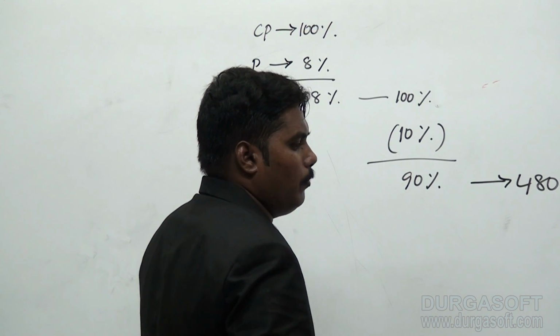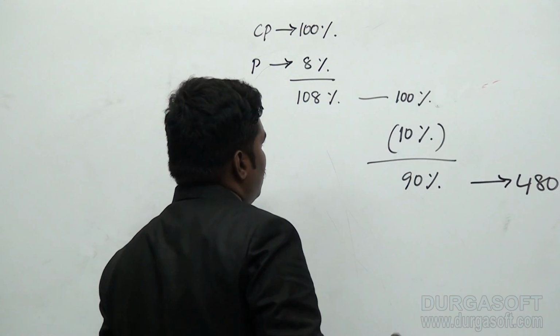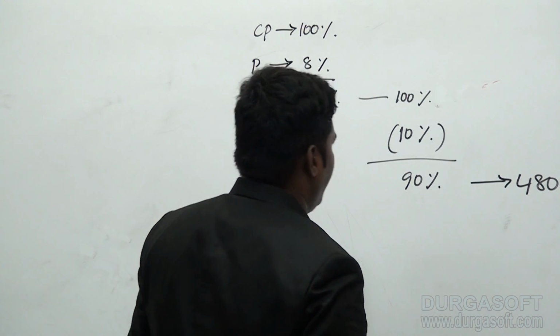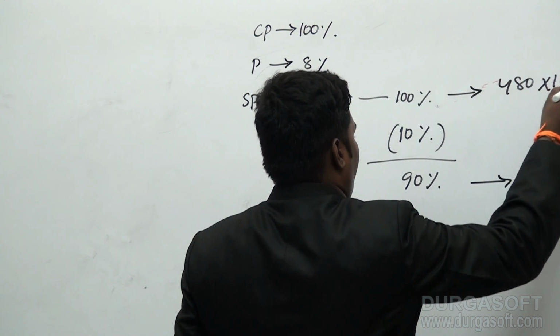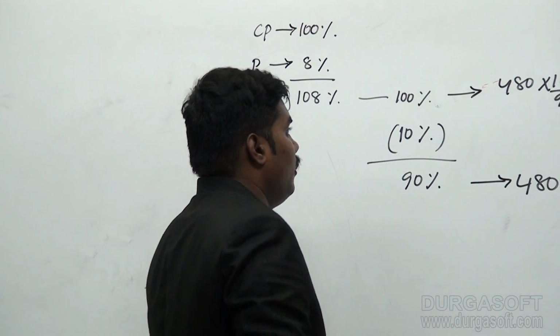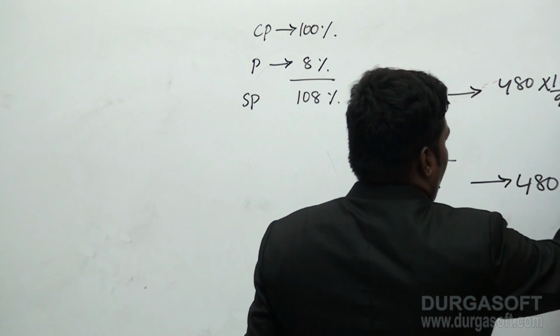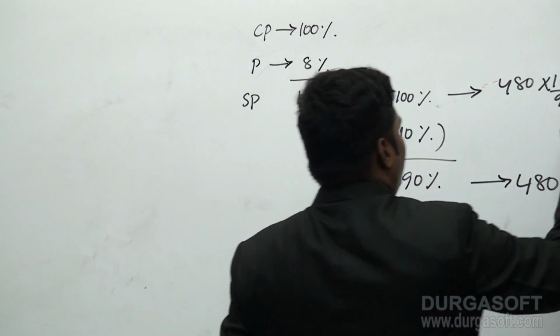Now get the selling price of that article. That means you have to calculate 480 into 100 by 90. What is that value?